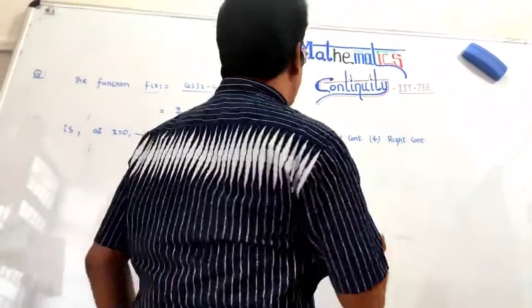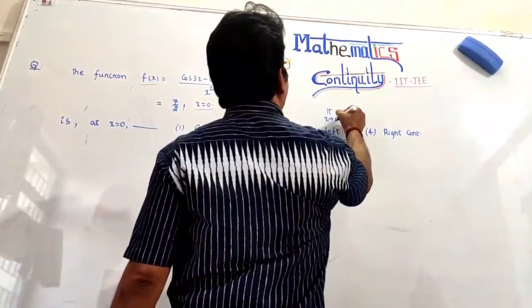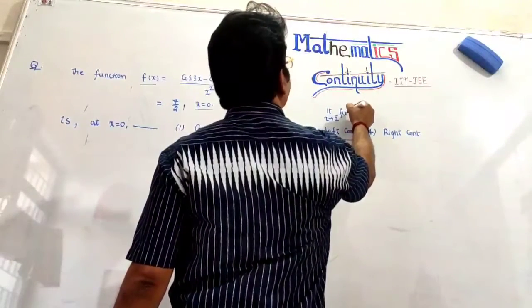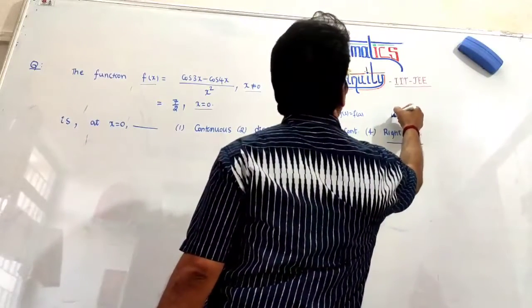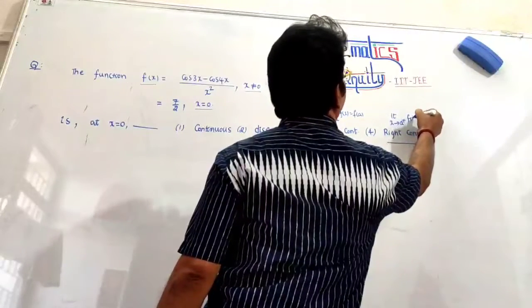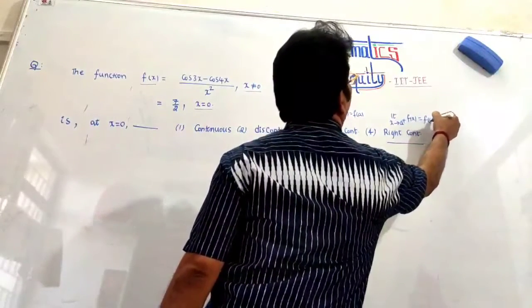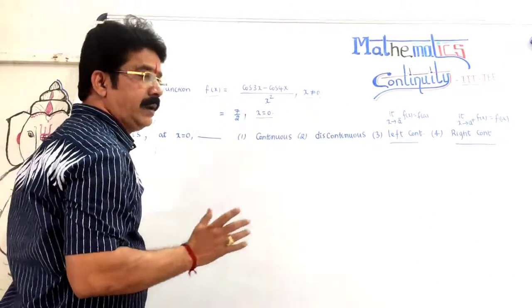Left continuous means what? Definition: limit x tends to a minus f of x is equal to f of a. Right continuous means what? Limit x tends to a plus f of x is equal to f of a. These are the definitions.